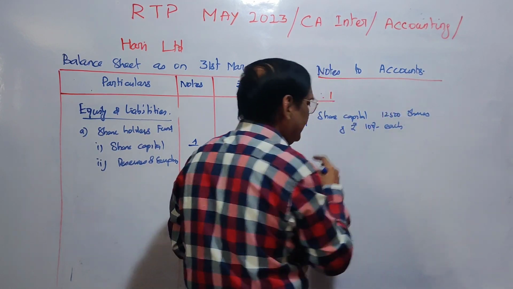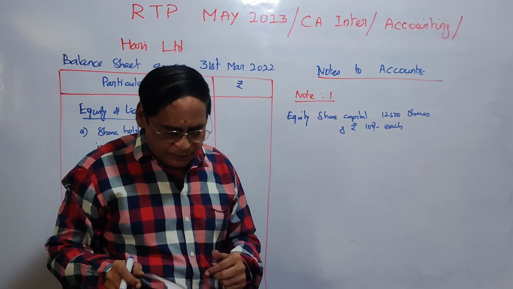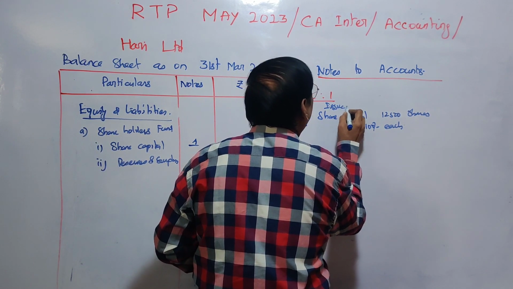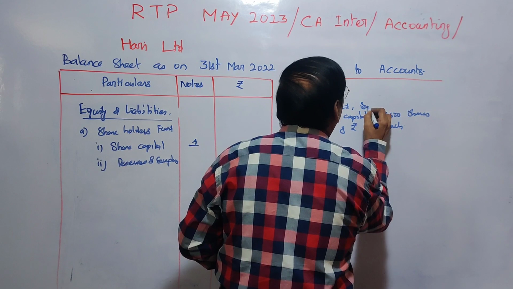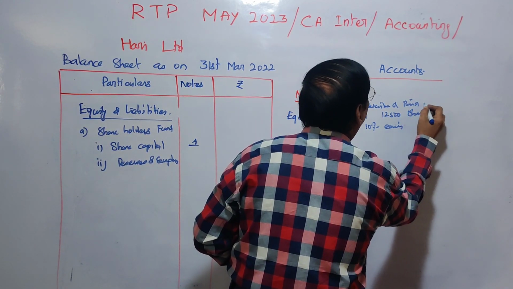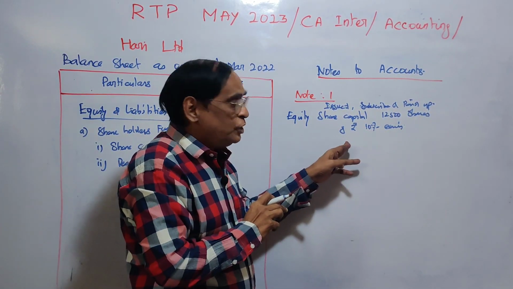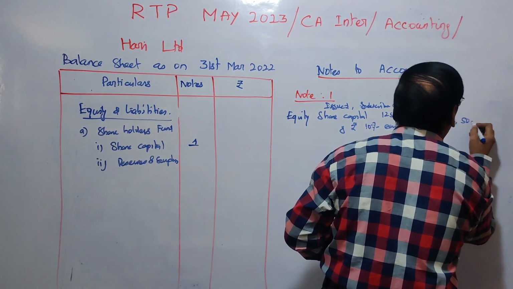That is paid up capital. You have to write it like that: issued, subscribed and paid up. So equity share capital of 12,500 shares issued at 100 rupees each comes to 12,50,000 rupees.